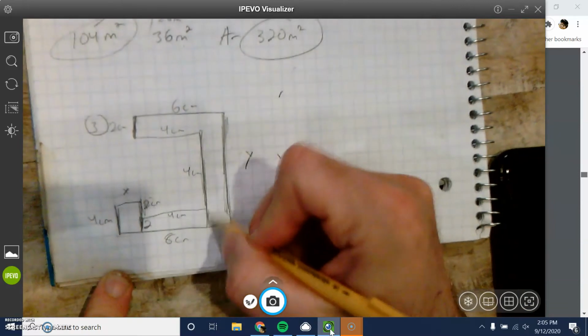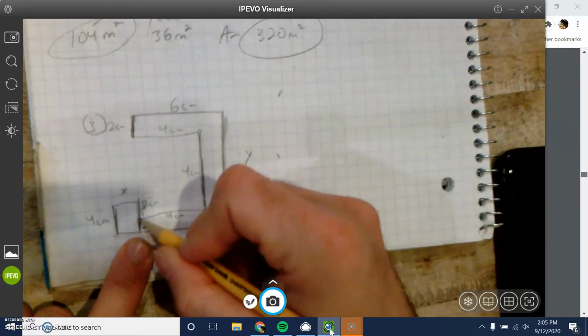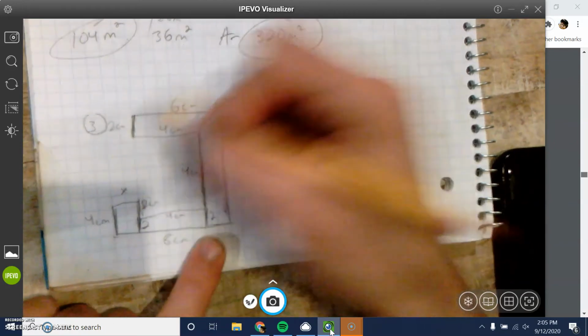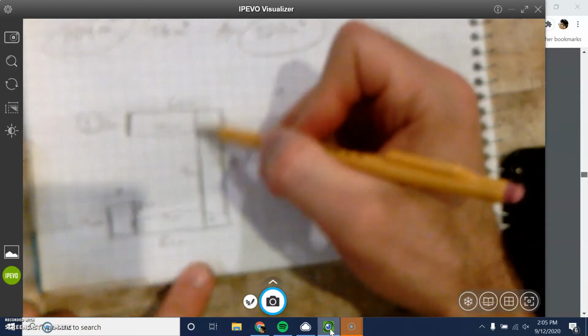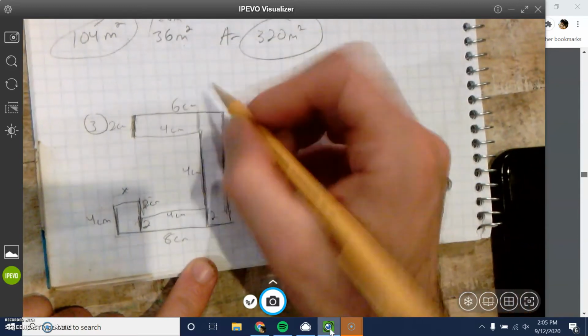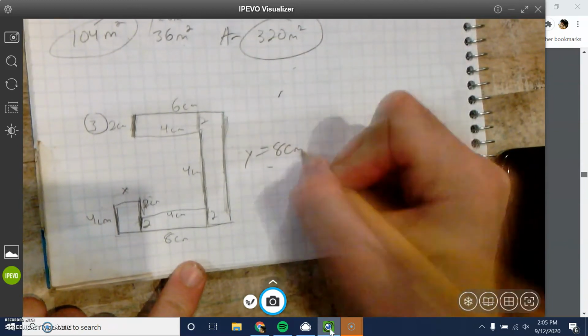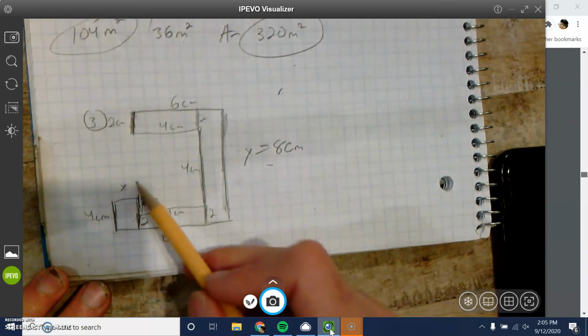So this is 2 here. So 2, these are parallel, so it's the same distance. 2 plus 4 is 6. Plus that other 2 right here, this and this is the same distance. That's all going to be 8 centimeters.